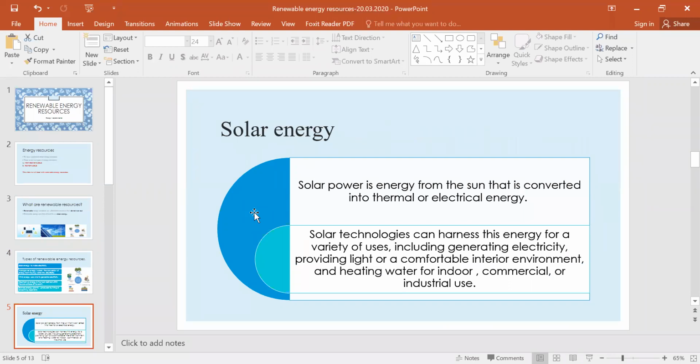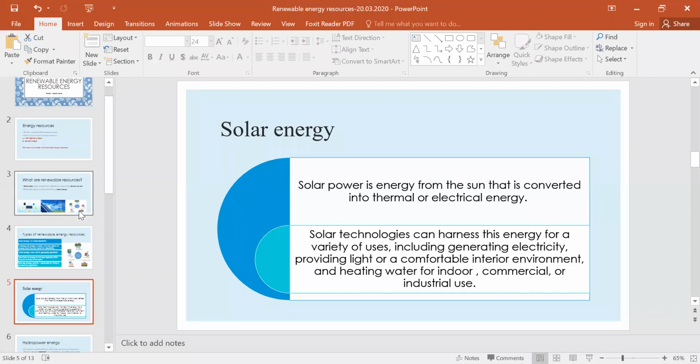If you have ever heard about solar panels, they use this energy from the sun in order to produce electricity, or we heat our water at our homes by using these solar panels, or for other indoor uses, or commercial uses, or industrial uses.